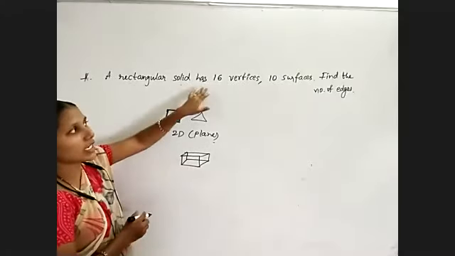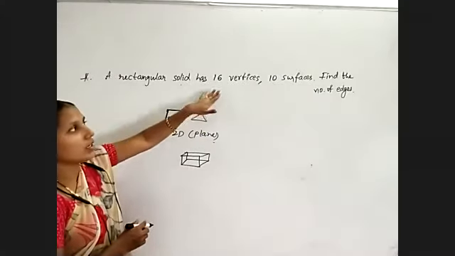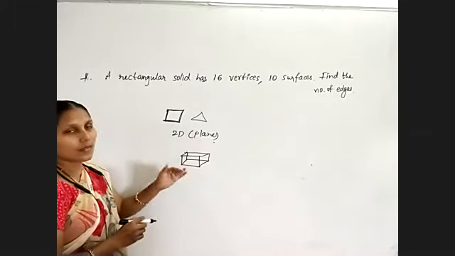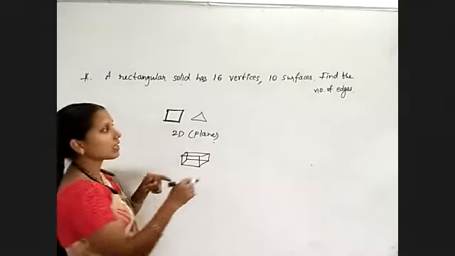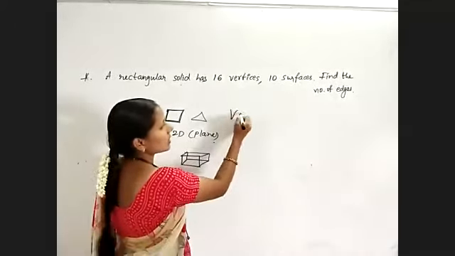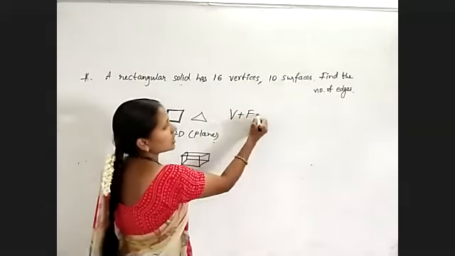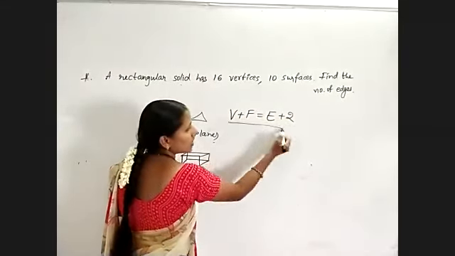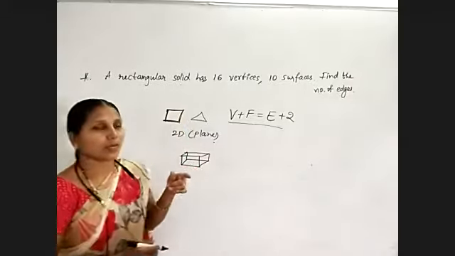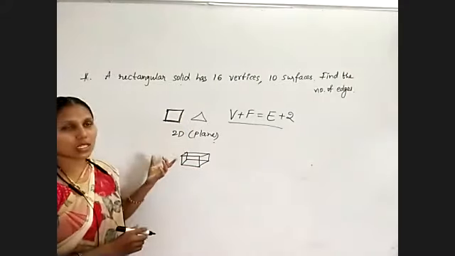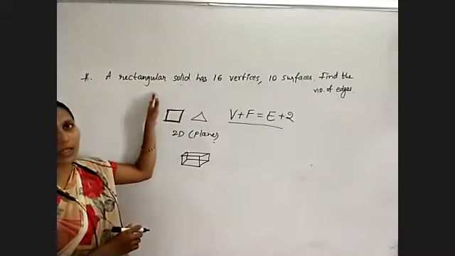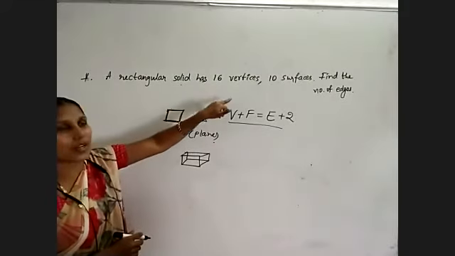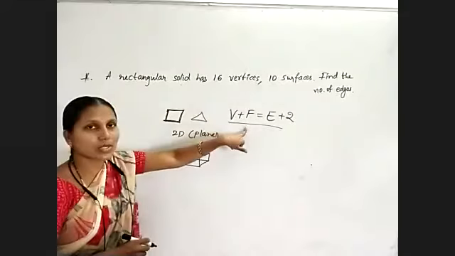In that case, we have vertices, surfaces and edges. To find these, we have one formula. It is given by vertices plus faces is equal to edges plus 2. This formula is known as Euler's formula. Whenever you get a question based on vertices, surfaces and edges, we must use this formula.